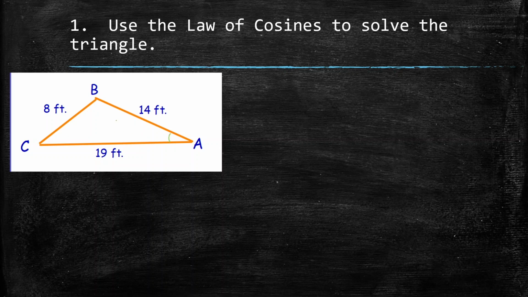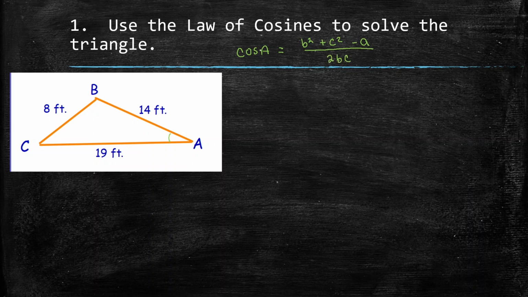And once I've found one, I'm going to find the second one and then use the fact that all add up to 180 to find the third angle. And so the law of cosines gives me that cosine of angle A equals B squared plus C squared minus A squared all over 2BC.